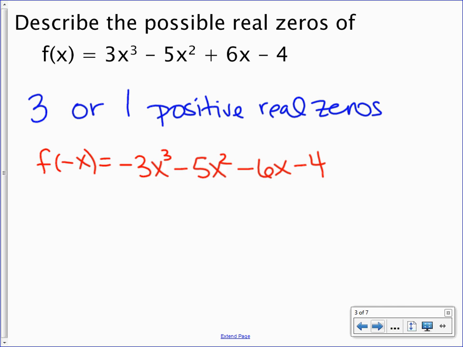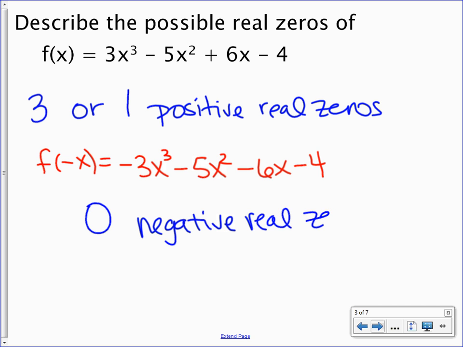There are none. Right? The signs never change. So what does that mean about our zeros? There are 0 negative real zeros. So what have we just done before we've even started picking zeros? We just got rid of half of our list. We're not going to try any of our negative zeros. Okay.